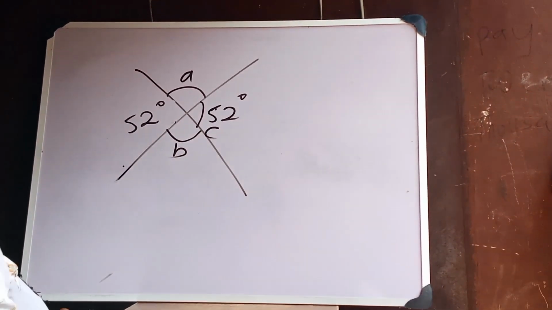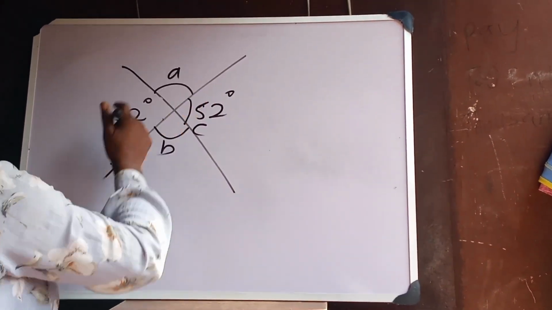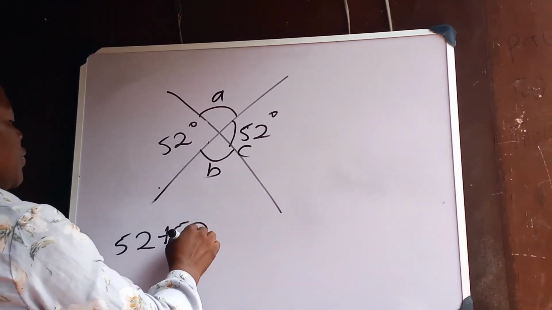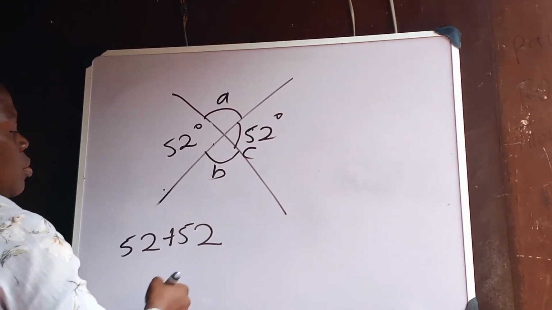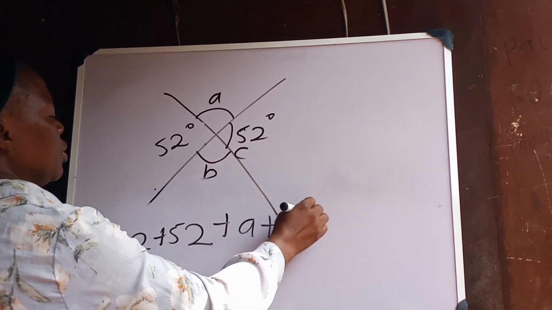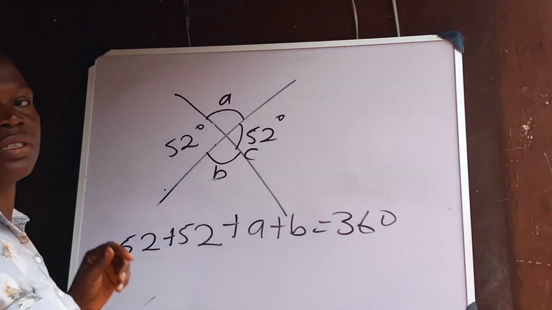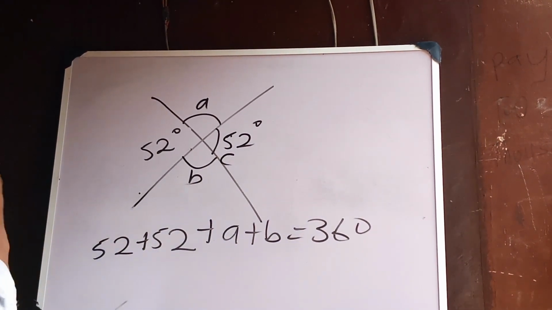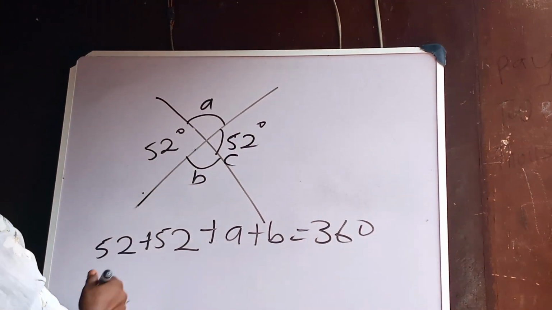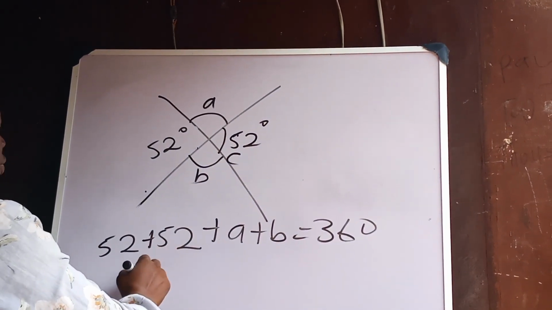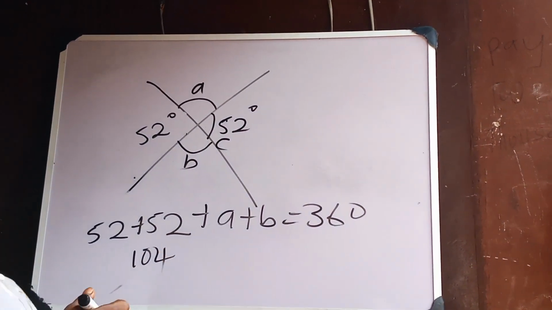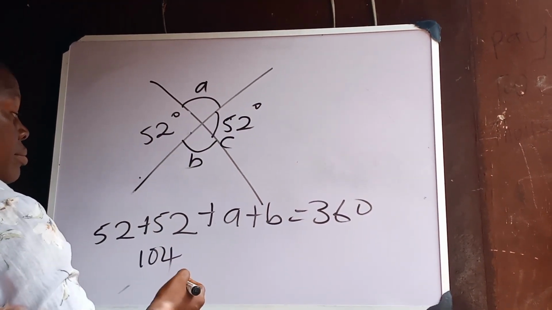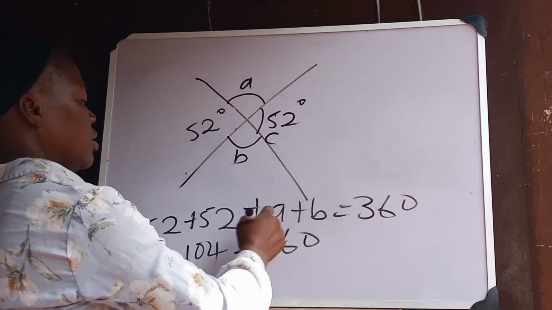Now we want to find A, because 52 here plus 52 plus A plus B equals 360. How do we do it now? 52 plus 52 gives us 104, which equals 360.